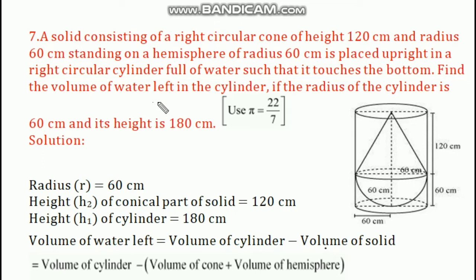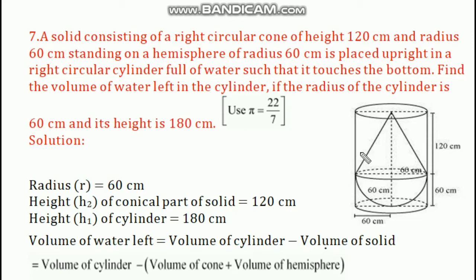Find the volume of water left in the cylinder, if the radius of the cylinder is 60 centimeter and its height is 180 centimeter. Actually here we need to find out the water left in the cylinder.